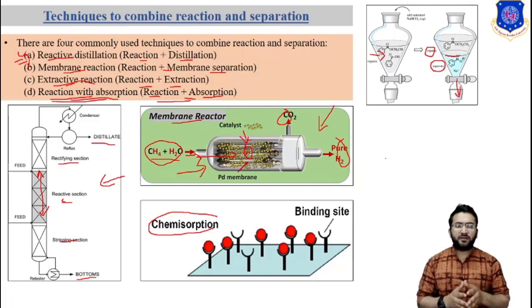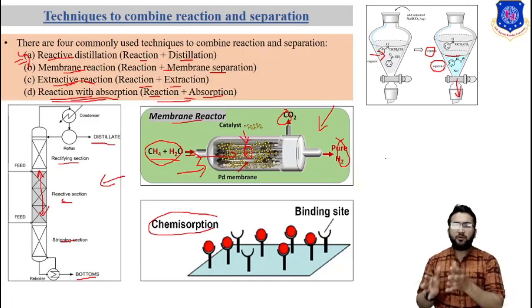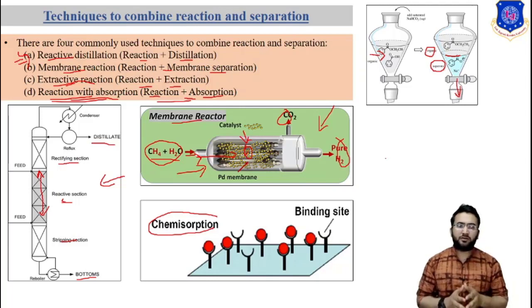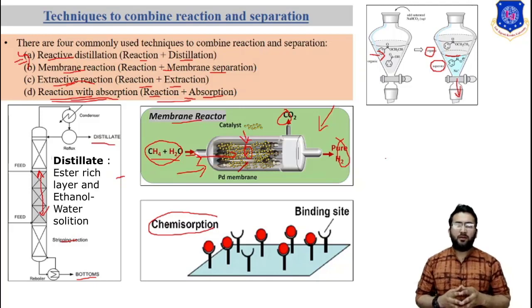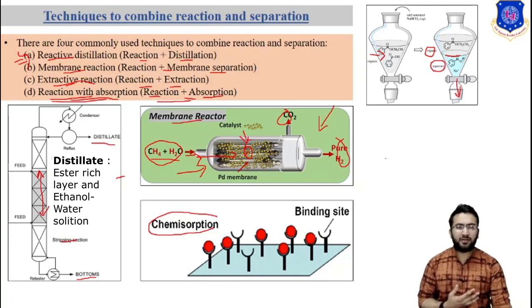Ethanol was used as the excess reactant, where the overhead vapor from the reactive distillation column is a ternary azeotrope having a composition of 82.16% ethyl acetate, 8.4% ethanol and 9% water by mass. On condensation of the heteroazeotrope, the liquid separates into two layers: one is an ester-rich layer and the second is an ethanol-water solution layer.